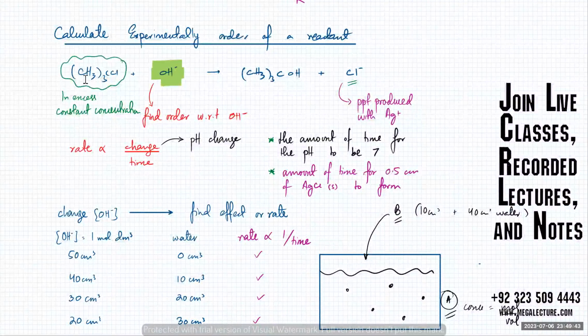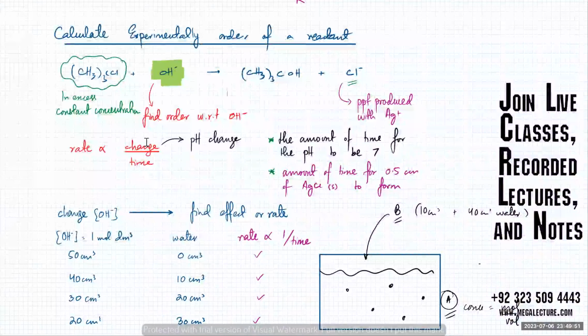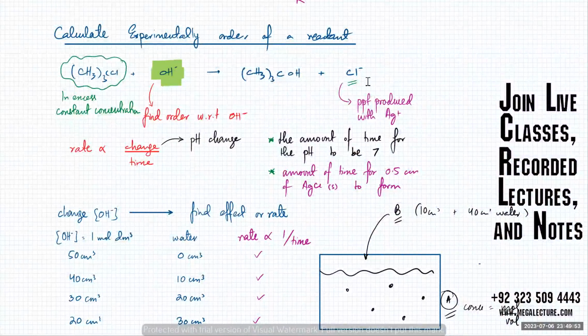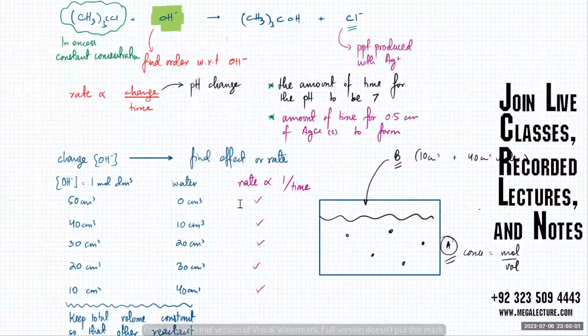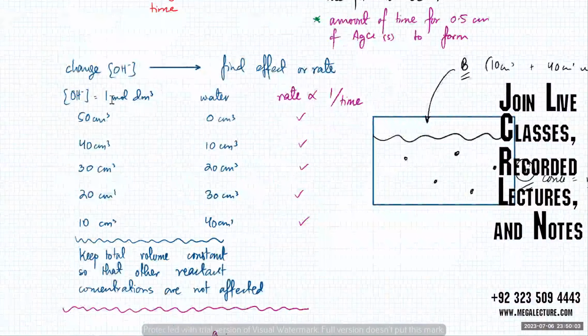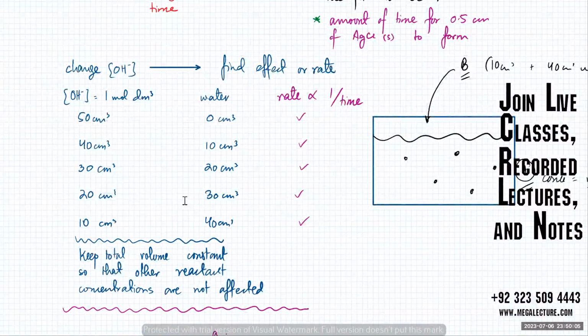So that would be like 100 times in excess. So its concentration practically remains constant. You try to measure any change with respect to time. So in this case, maybe the amount of precipitate produced with silver ions, time taken for that precipitate to form. You change the concentration of OH ions serially by adding proportional amounts of water.